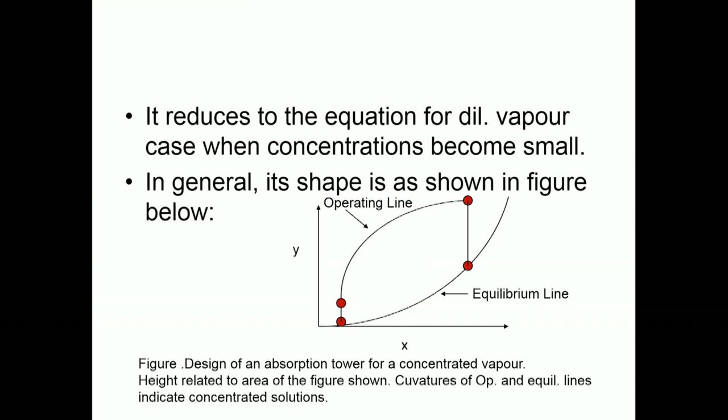And in most cases we will have the y star versus x equilibrium data either given in tabular form, so for different x values we get y star values in a table, or we might have been given this curve directly, y star versus x. So, the equilibrium relationship is also likely to be nonlinear.